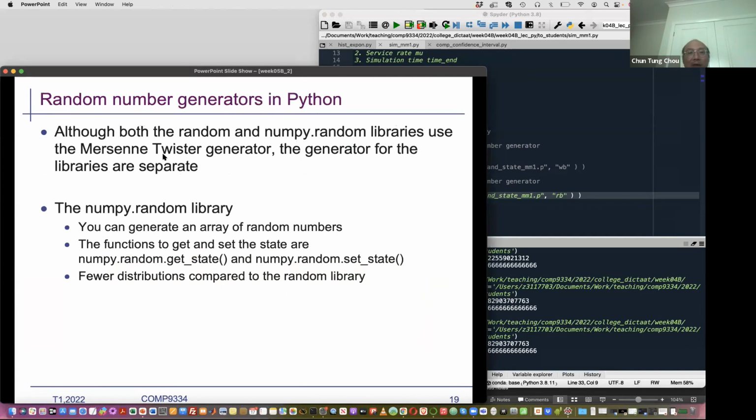Some remarks about the random number generators that you have in Python. There are 2 libraries that you can use: NumPy or the random library. Both of them use the same type of random number generators, based on Mersenne Twister, but you need to know that they are 2 different generators, so they are separate.